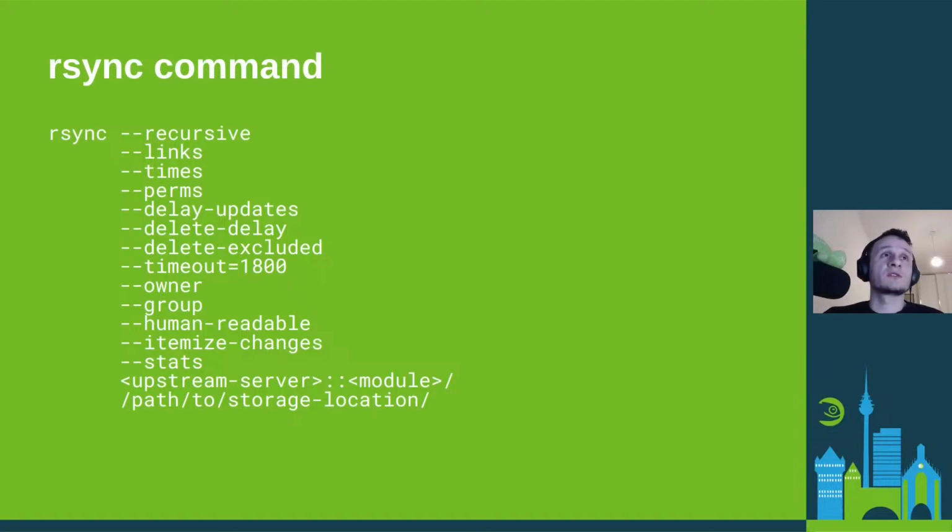So you could copy this, but you need to replace the upstream server and the module and define a storage location that matches your needs. If you want to use rsync rules to limit which files you fetch, you also need to add the argument include-from or exclude-from, and create appropriate rules and rule files for this, so you can filter out what you don't want.